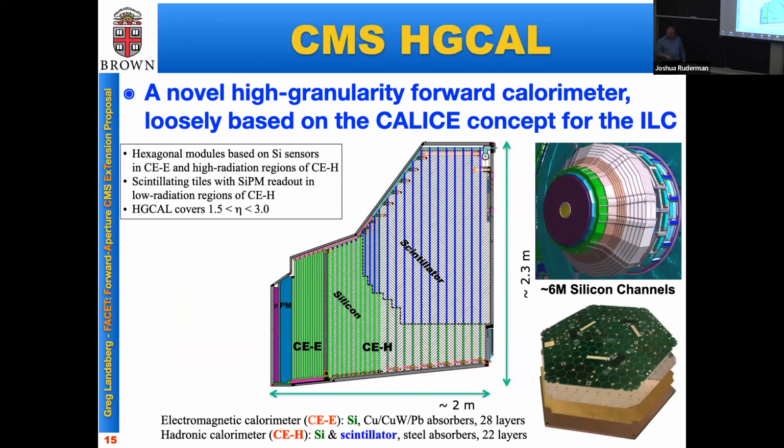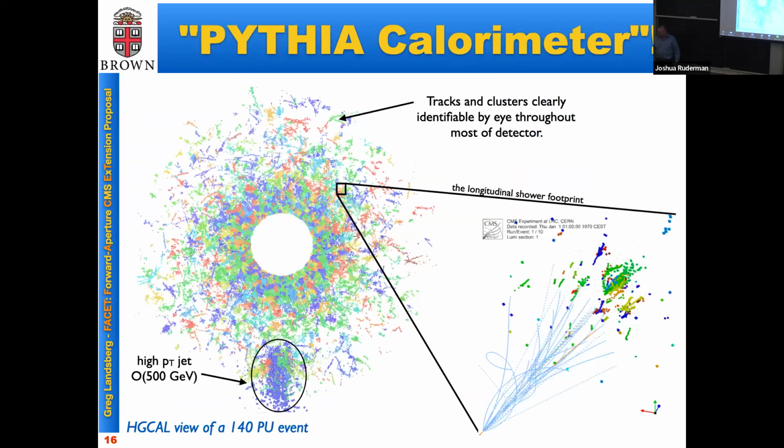Just to remind you of the technology which we are going to use, this is the main HGCAL of CMS. It's essentially silicon sensors interspersed with various absorbers, tungsten and steel. This calorimeter has a very high granularity because of the silicon sensor.